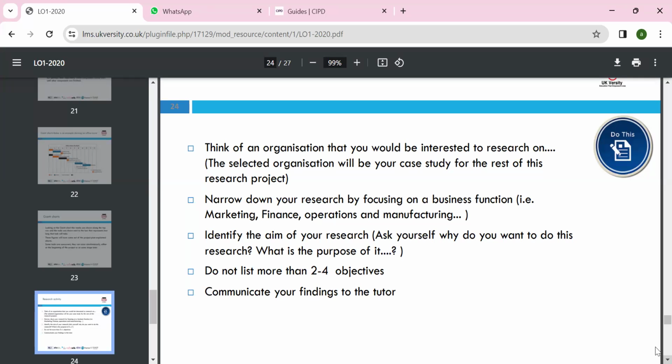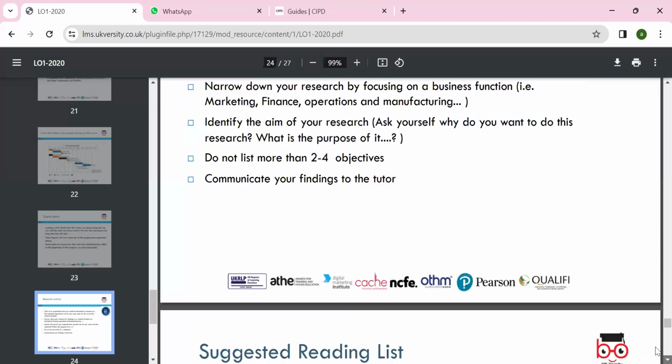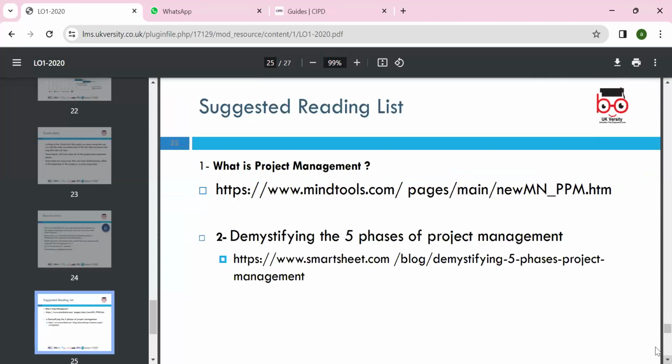And we can write the objectives: to develop understanding, to conduct the literature review, to draw the conclusion and recommendation. That's the way, and we'll give you some samples as well. Okay, so please, you've been given here a quite good website. We can look at the 5 phases of the project.